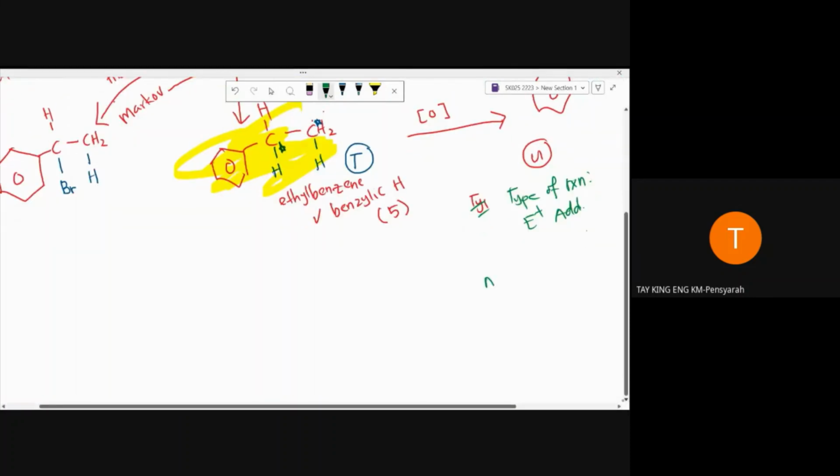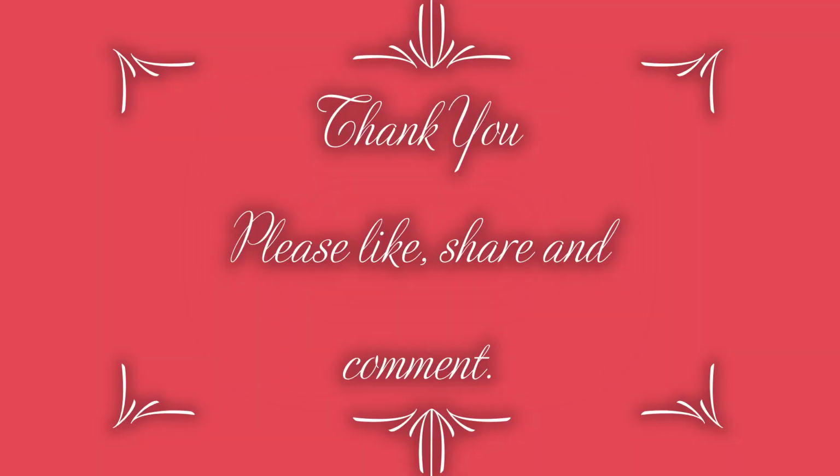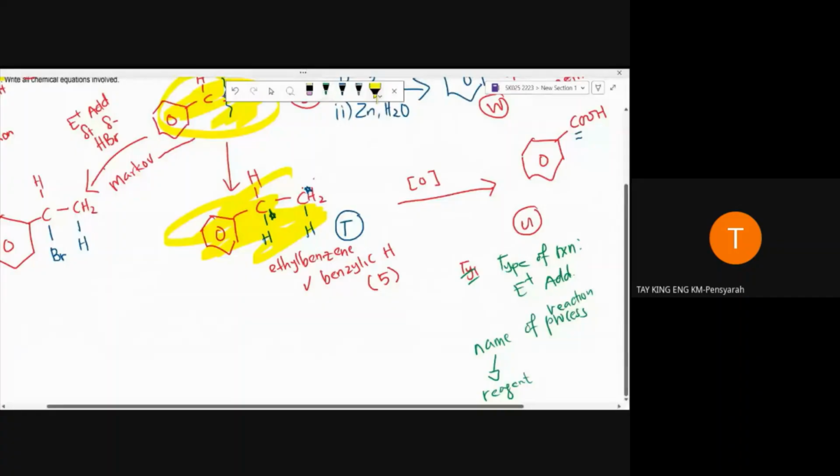Kalau name of the process ataupun name of the reaction, normally it will refer kepada kita ambil reagent, ataupun apa yang ditambah ataupun apa yang berlaku terhadap structure. So untuk case ini kita tambah hydrogen. So what will be the name of this process? Type of reaction, name of process.